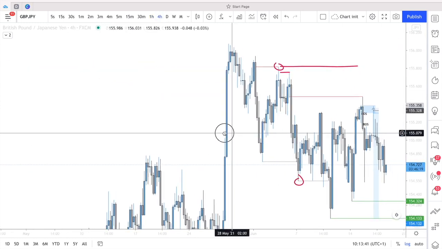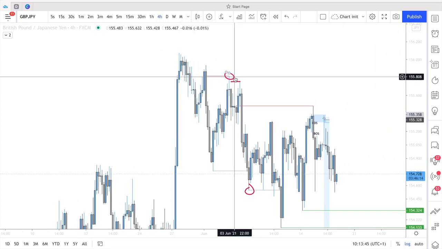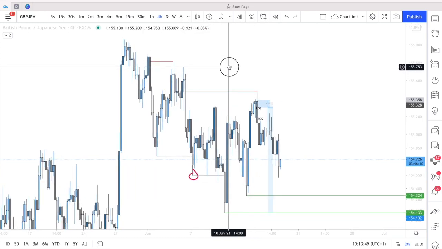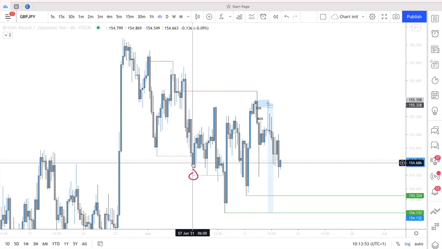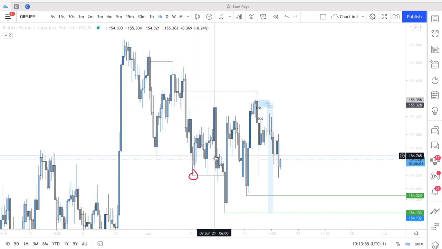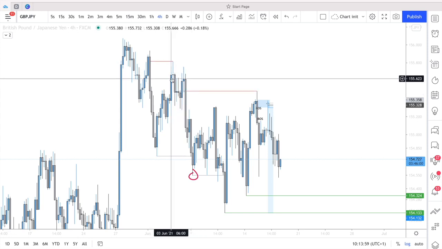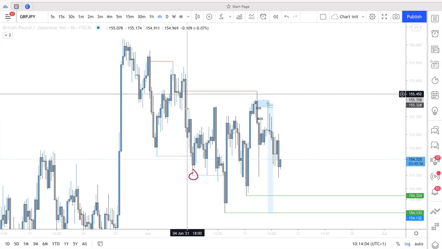However, if you still want to be safe, you can keep that as your higher time frame point of validation. But in terms of what makes sense and what's clear, you need to understand that the last mitigation point happened from here. In terms of pricing efficiency, price is pretty efficient along here, and the inefficiency comes from this drive here.